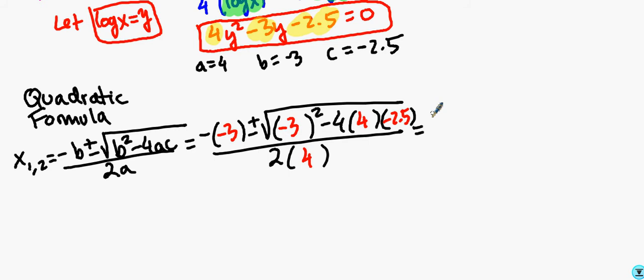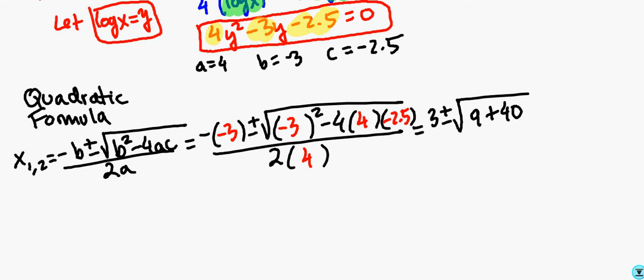So -b is +3, plus or minus. -3 squared equals 9. Now here we have -4 times 4, I'm sorry, -4 times 4 is -16, times -2.5. Well, -16 times -2 is 32, and then half of 16 is 8, so 32 and 8 is 40, so this will be plus 40.